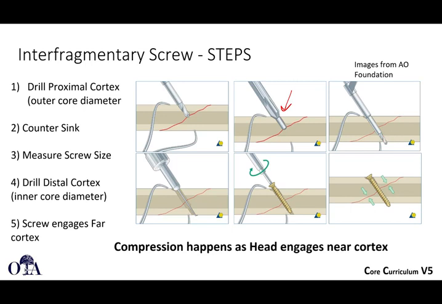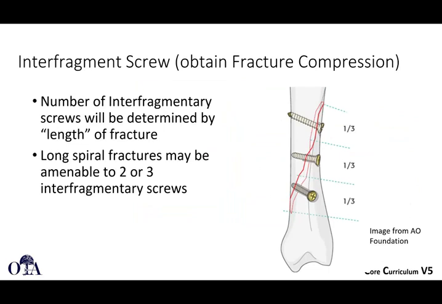Then you take a measurement and place your screw, and you can see once you engage the far cortex, the screw will not engage the near cortex. It'll slide right through, engage the far cortex, and then you're relying on the screw head hitting the bone, engaging the cortex here, and providing that compression. So the compression happens once the head hits the near cortex.